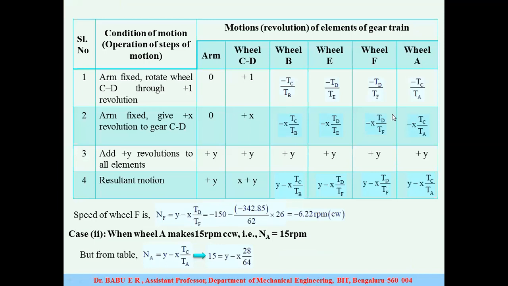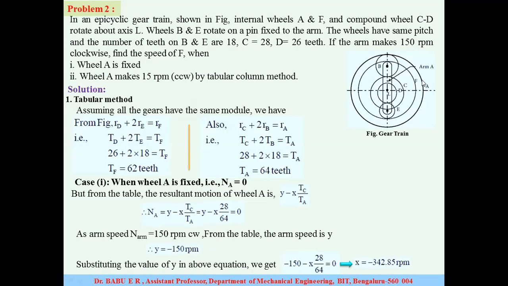Go to wheel A. This is the wheel A. The wheel A is driven by the gear B. B is driven by the gear C, compound gear. So the number of revolutions of the A, you can write as TC by TB into TB by TA. So TB gets cancelled out.